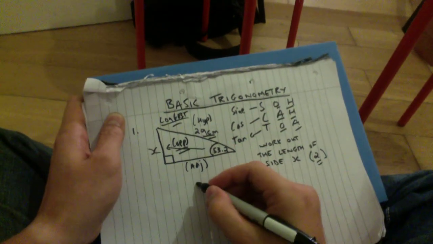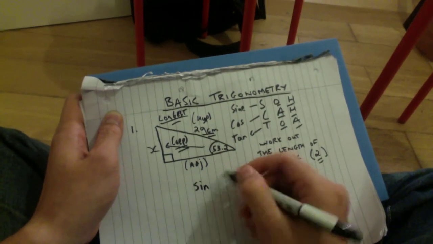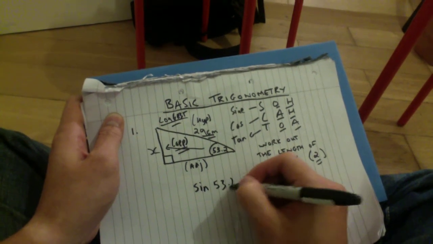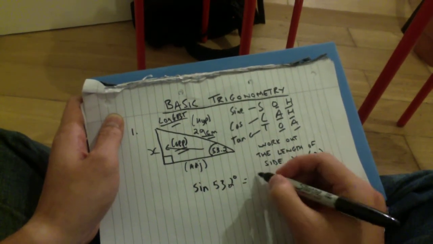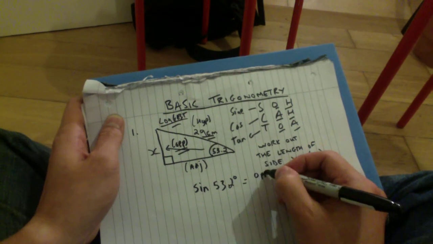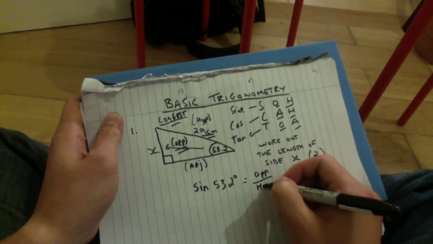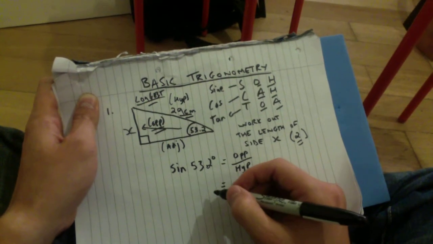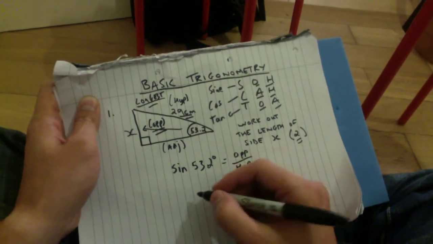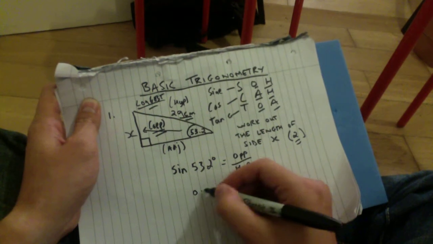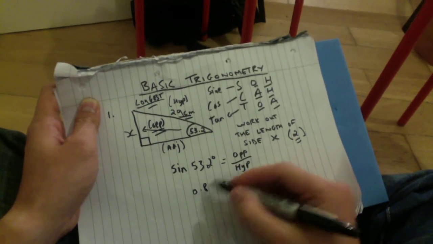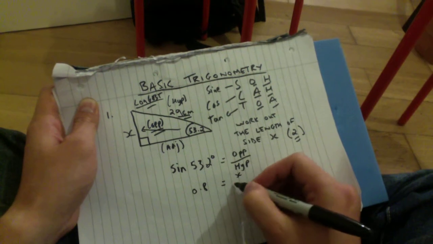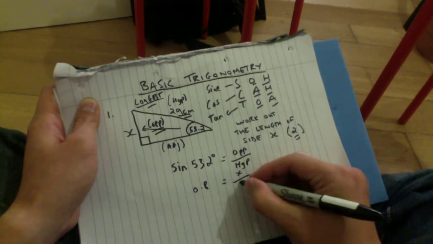Sine 53.2 degrees equals opposite over hypotenuse. Okay, so sine 53.2 degrees, once we put that into the calculator, it comes out as 0.8. And put in the values of opposite and hypotenuse. Opposite is x over 29.